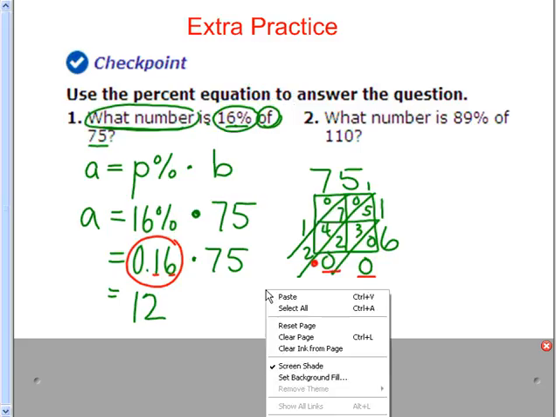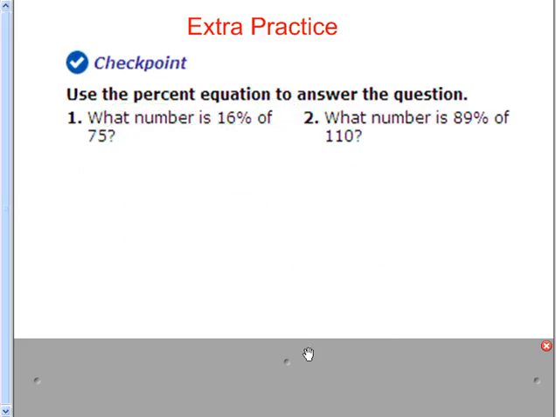All right. Let's try the other one. What number is 89% of 110? So I'm going to start with my percent equation. A, the part, is p percent of B, the base, or the whole. And let's see, well, they're giving me a percent. 89% goes where p percent is.